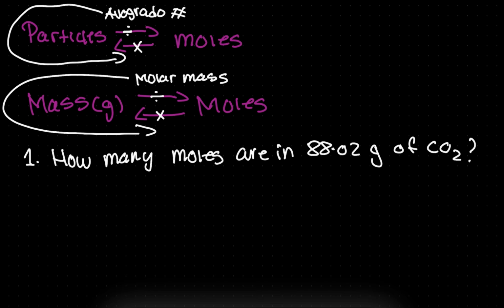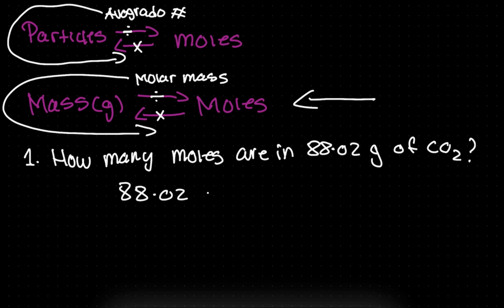Okay, so how many moles are in 88.02 grams of CO2? So let's do this together. Here we have to figure out what we're trying to go to. We're trying to go from mass to moles, right? So we would use this conversion factor. We have 88.02 grams of CO2, right?